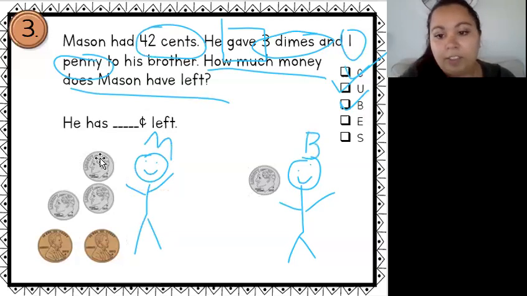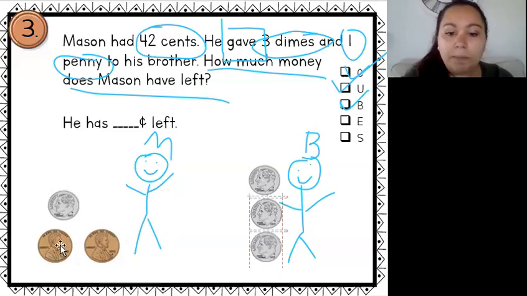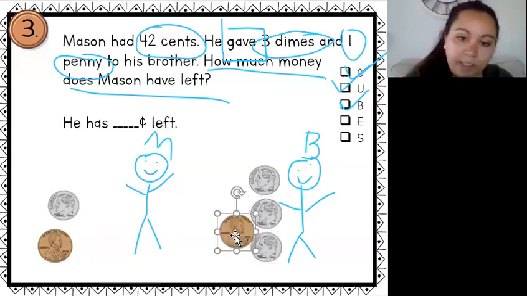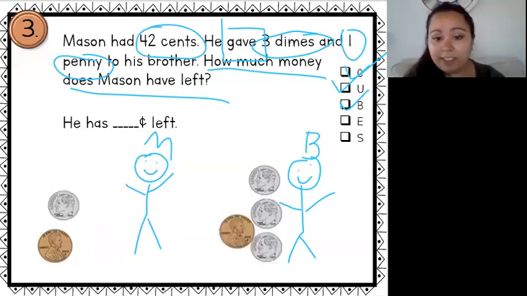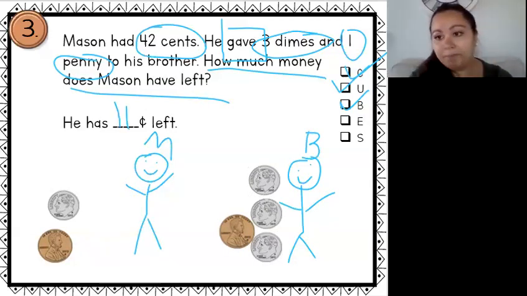He gives 3 dimes, 1, 2, 3, and 1 penny. Here you go. So how much does Mason have left? I can see Mason has 1 dime and 1 penny left, which would end him up with 11 cents, right?